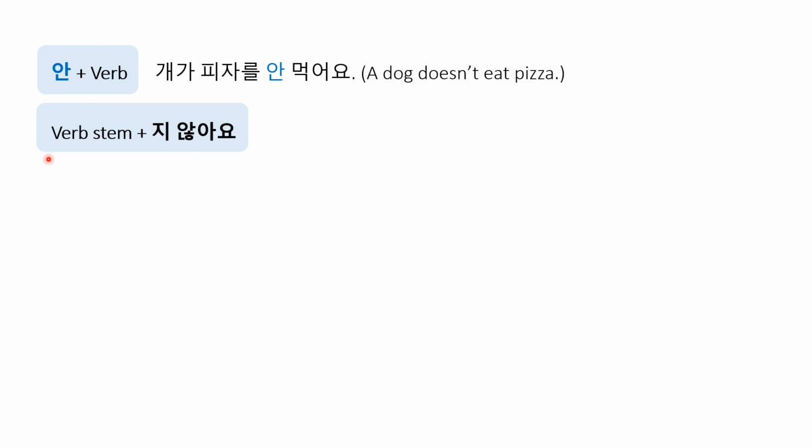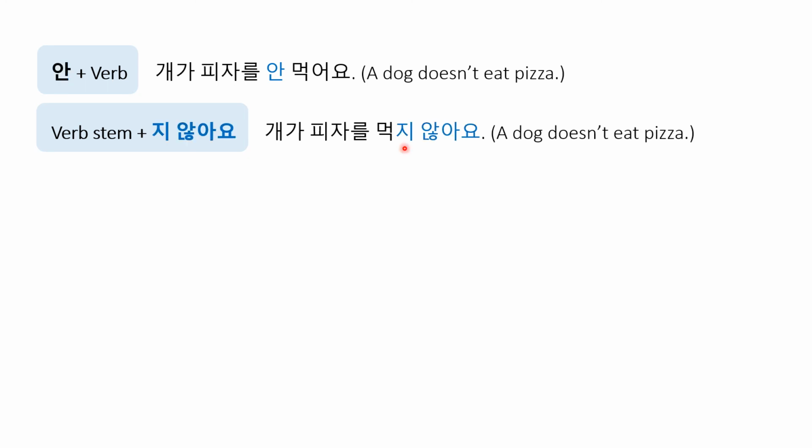Or you have another way to make a negative sentence. Put 지 않아요 after a stem of a verb. 개가 피자를 먹어요 means a dog eats pizza. If you put 지 않아요 after 먹, 개가 피자를 먹지 않아요. A dog doesn't eat pizza.